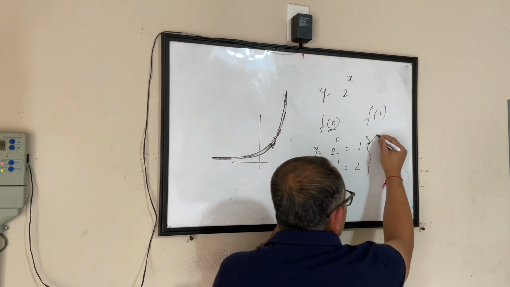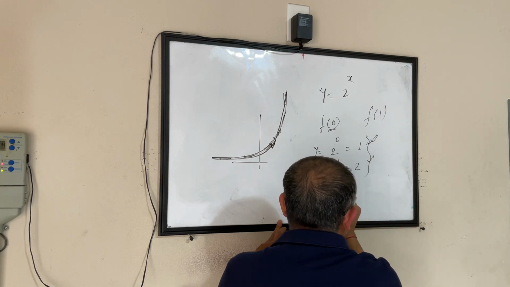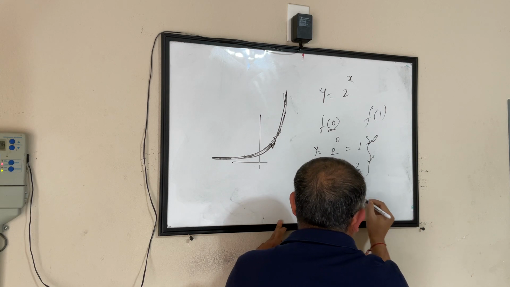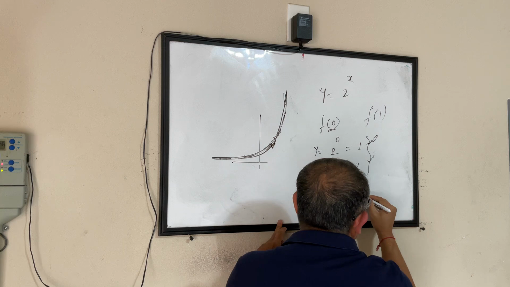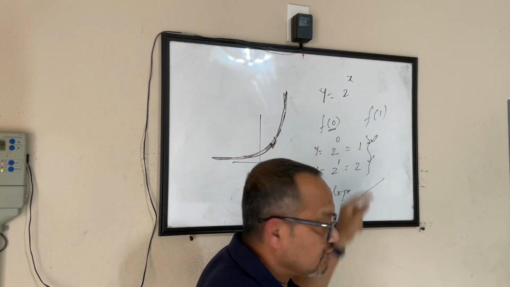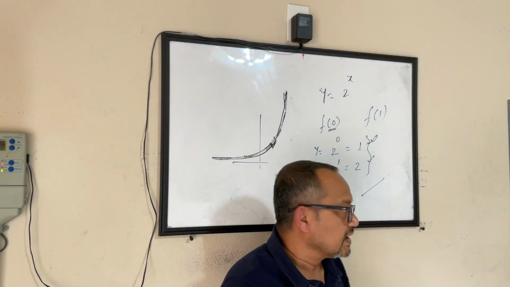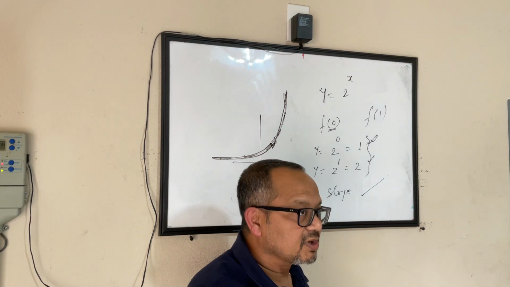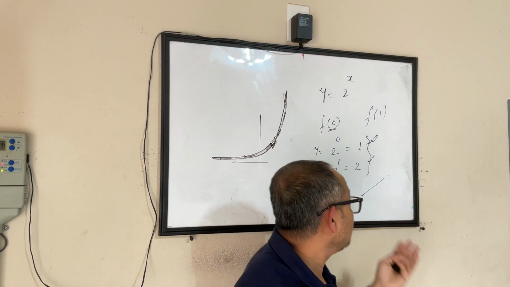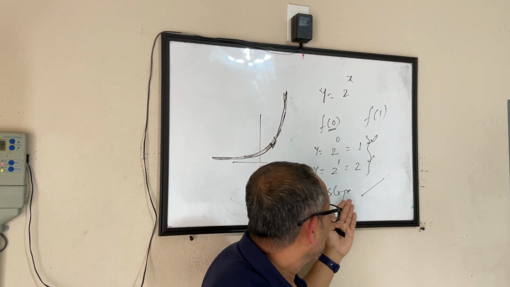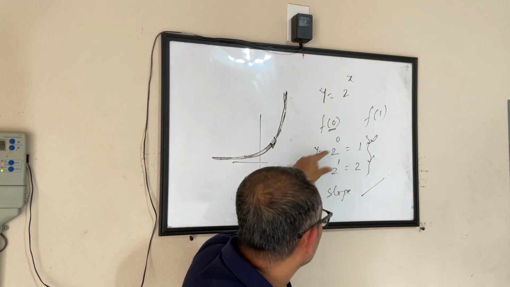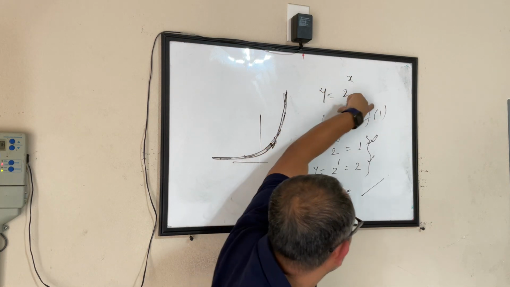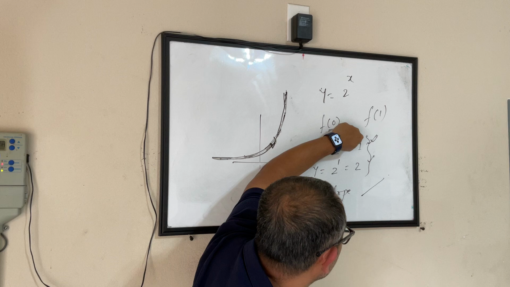So value of y is increasing. So you will say my slope of the function is actually increasing between 0 and 1. That is how you relate or put your thoughts around to understand what is happening. When x is increasing from 0 to 1, my y value is also increasing from 1 to 2.